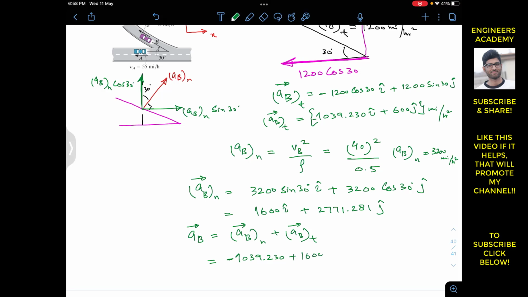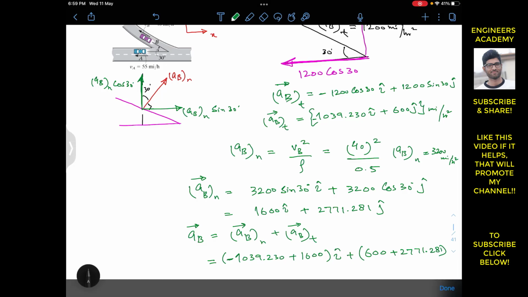This is in the i, and then we have to add up the y component. So this is 600 plus 2771.281 in the j.